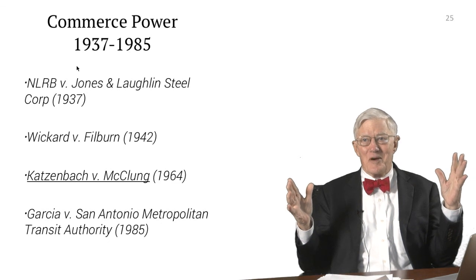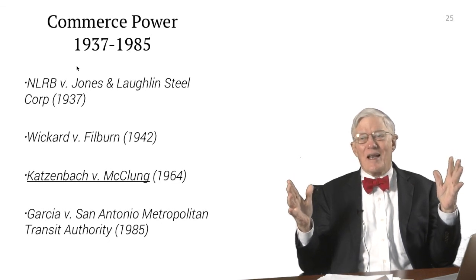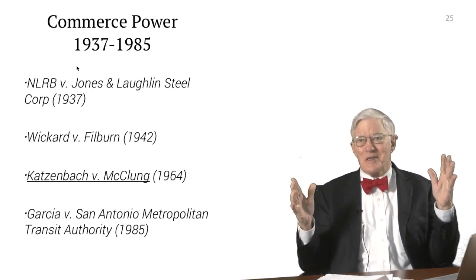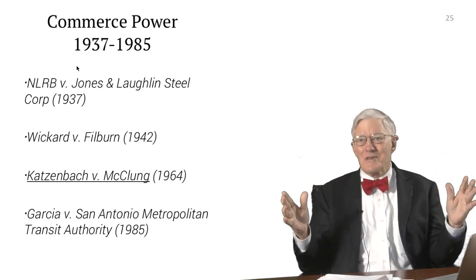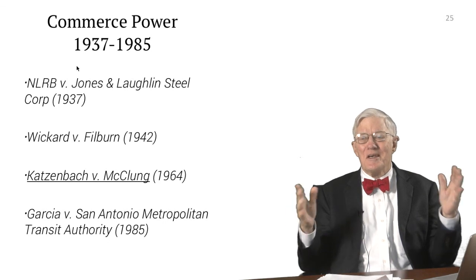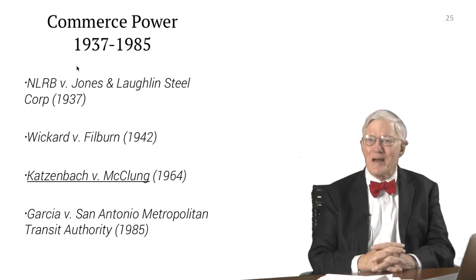Clause, because we now have regulation of a farmer who is growing crops. The crops are not sold to anyone else. They're just used as feed for his own animals.